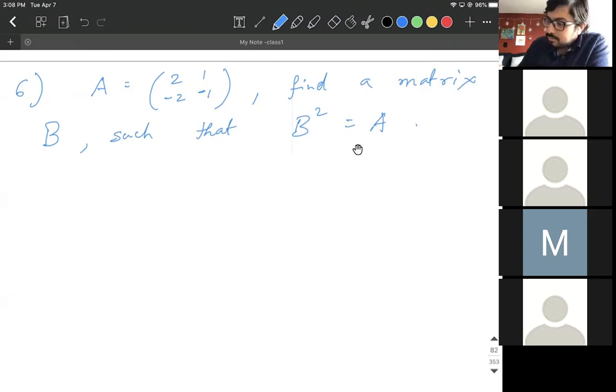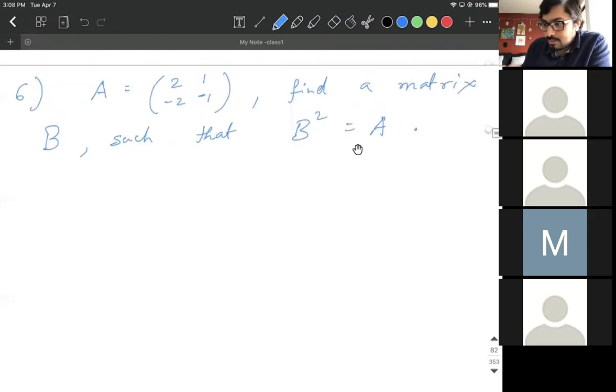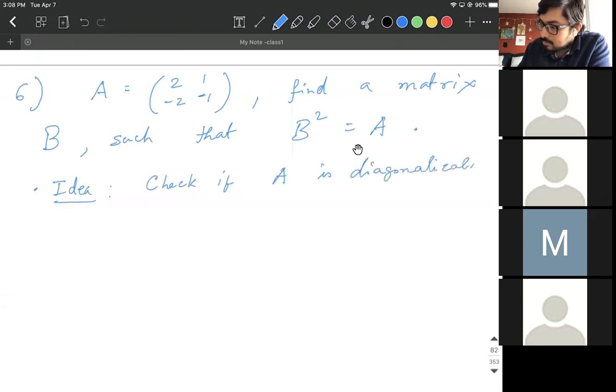So you will use the same trick. First of all, check whether A is diagonalizable or not.